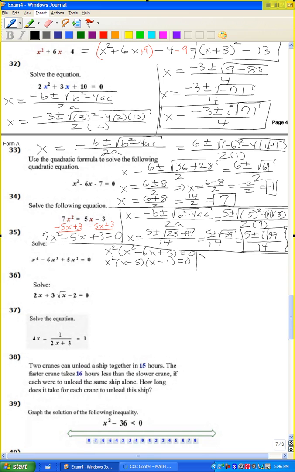And so I get x squared is 0, x minus 5 is 0, x minus 1 is 0. And so I get x equals 0.